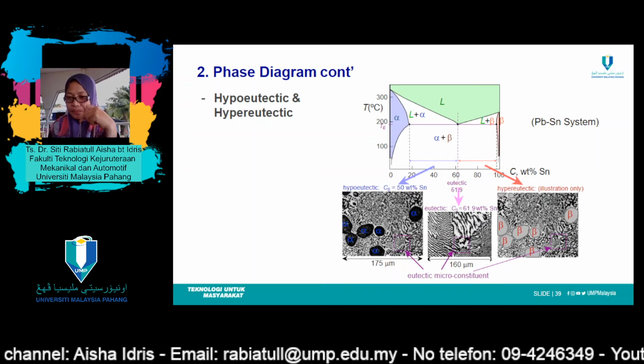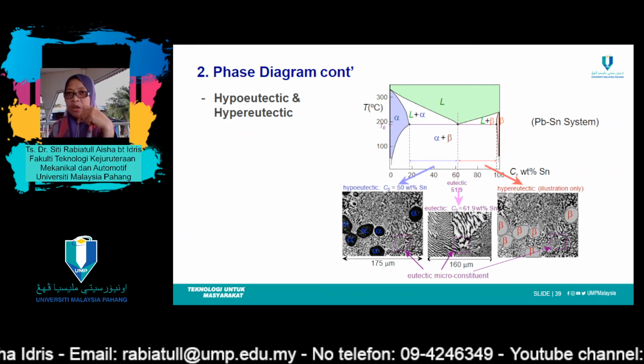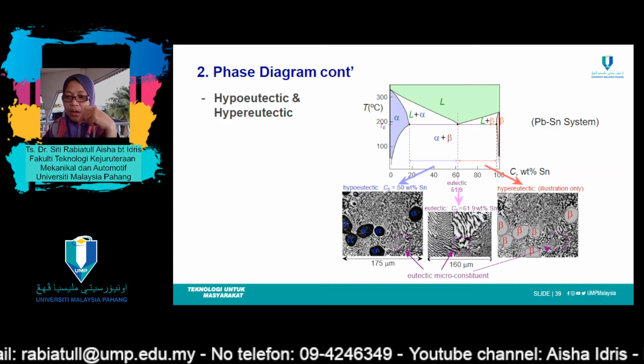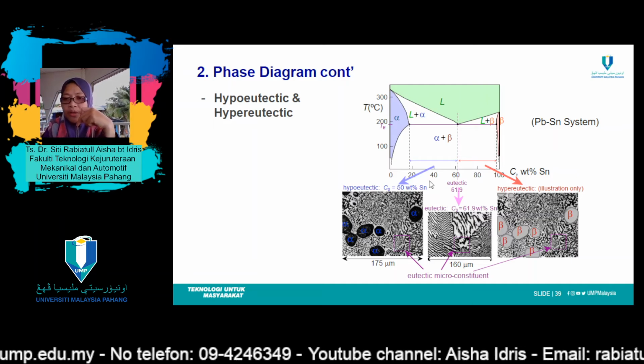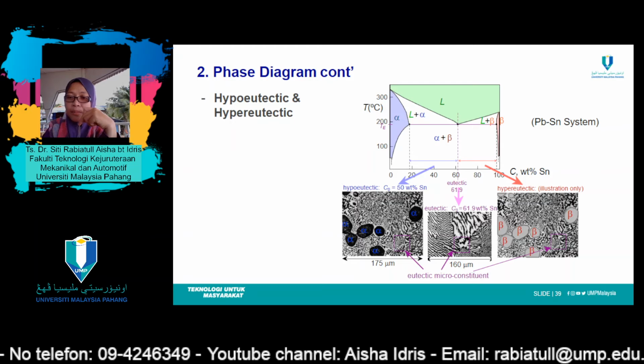And if we refer to the original microstructure, these are the microstructures that you might find. This one is for before the eutectic point.